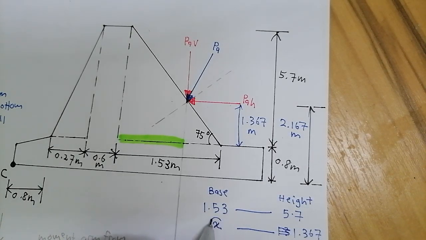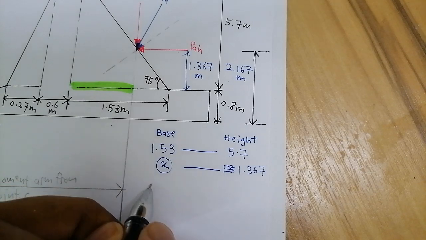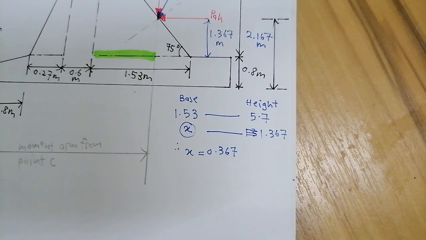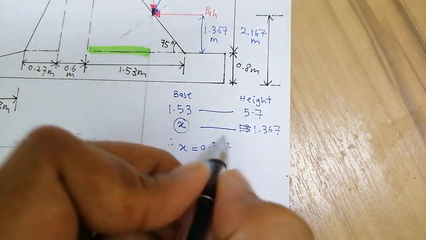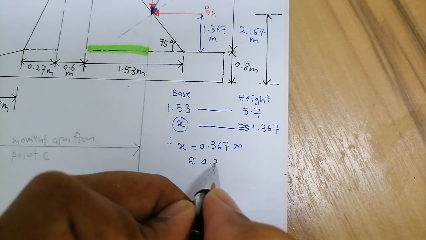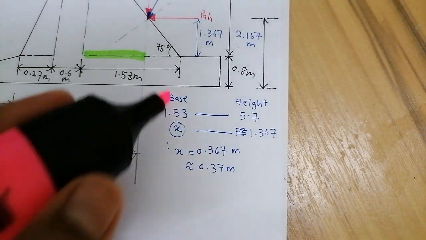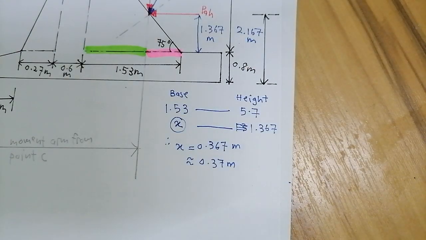So therefore, using the proportioning method, our x equals to 0.367 meter, or to 2 decimal places, 0.37 meter. So where is our x? Again, this is our x, the one highlighted in pink. So this is x. All right.